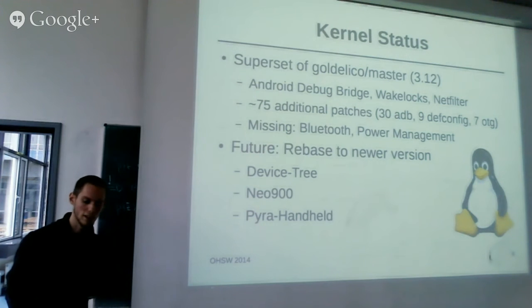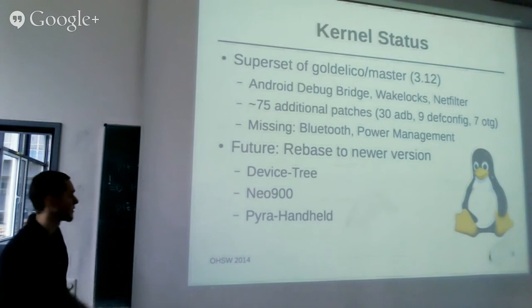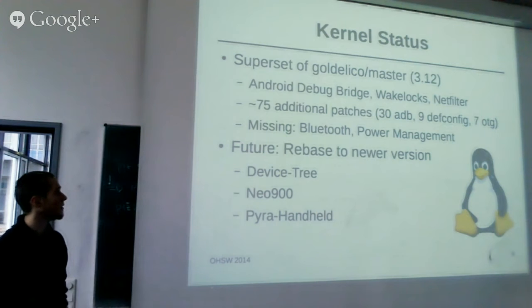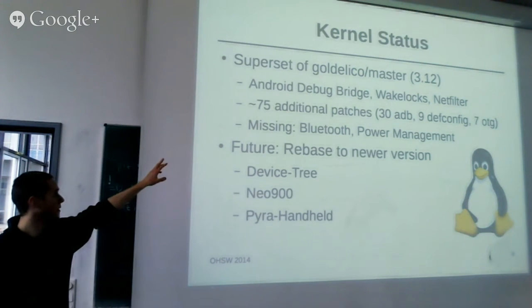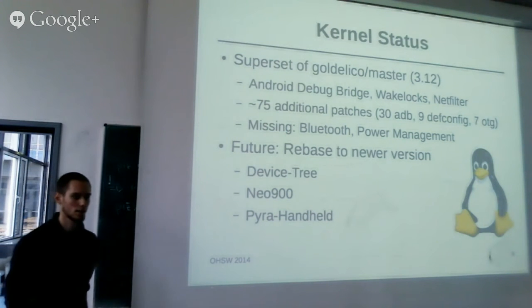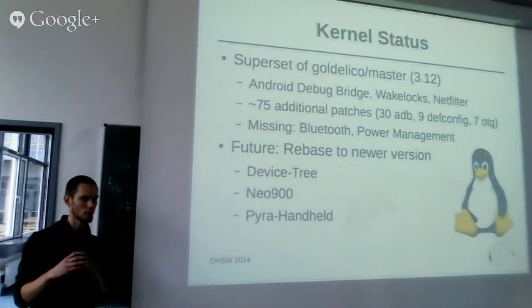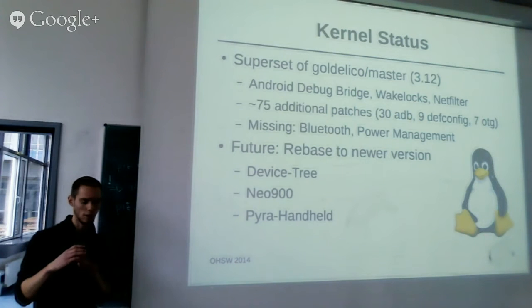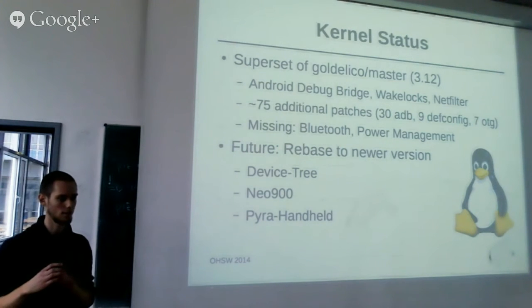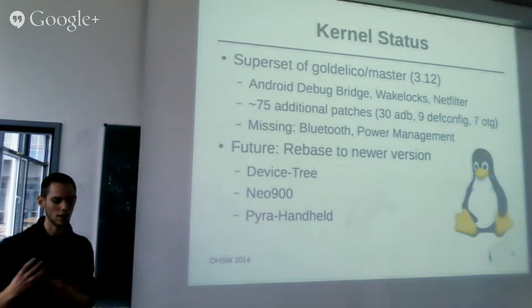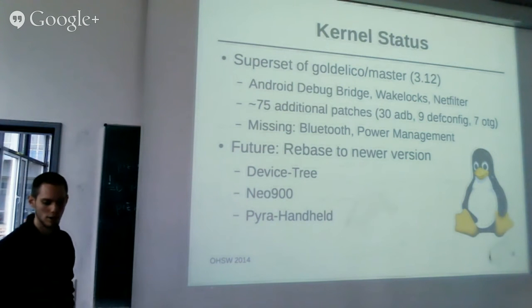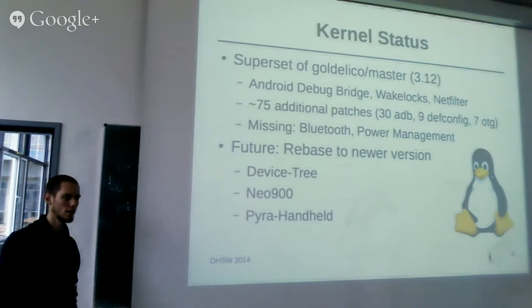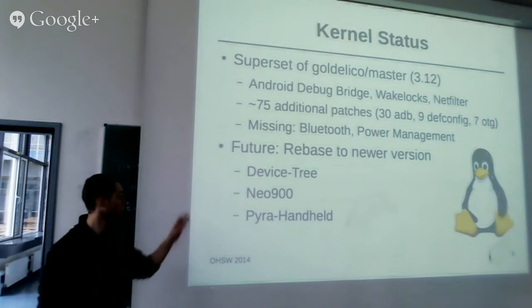But recently I cleaned it up a little bit and sorted all the patches and did a little statistics, and as you can see, there are only 75 patches on top of the GTA04 kernel needed to implement the functionality which is needed by Android. So I think this is pretty nice, and it should not be that hard to go to a new kernel, because it's only 75 patches.